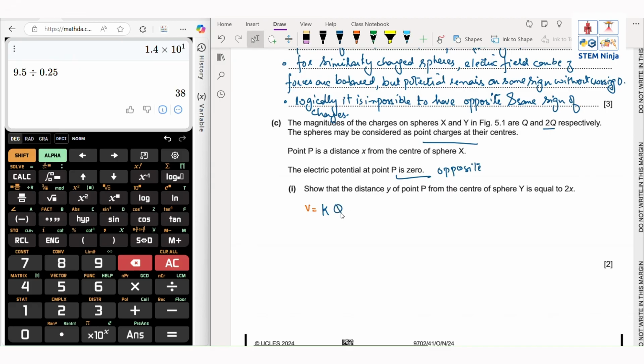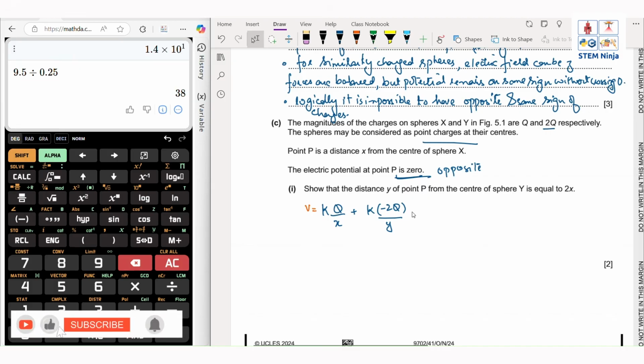So kq over x, remember, no square needed, minus k 2q over y. Where electric potential is zero, that's the point where electric field is the weakest or lowest.